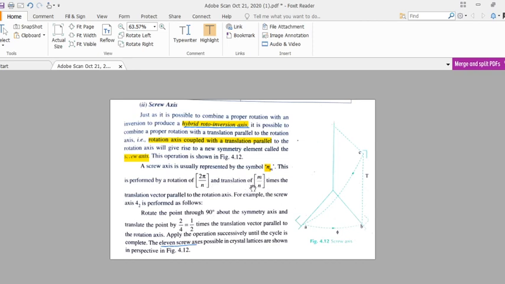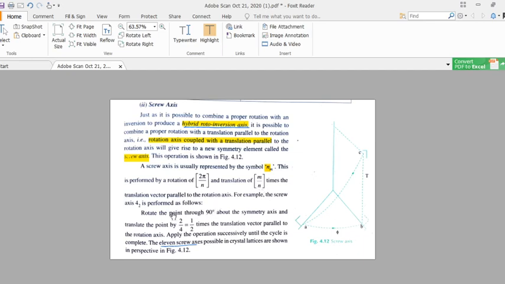So in a screw axis, the translation part is written as m upon n. n is your fold, m is your traveling distance in the crystalline system. That would be written in square brackets as m upon n. In a square bracket, 2 pi upon n will give you the information about rotation, and m by n will give information about the translation.